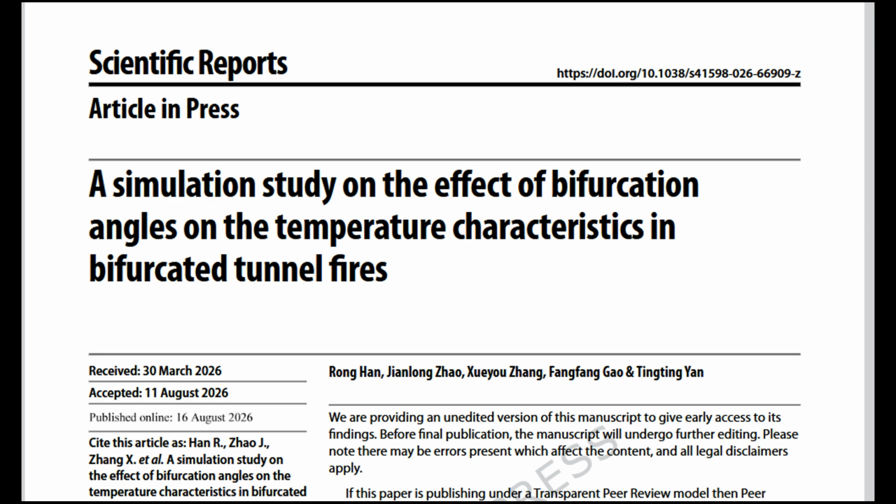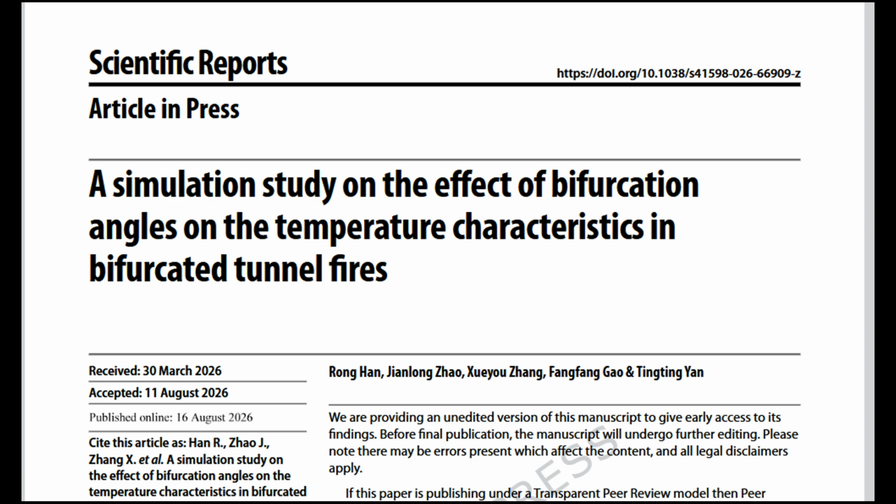The surprising downstream cooling rates. While the peak temperatures were highest at sharp angles, the downstream behavior told a completely different numerical story. The researchers measured how quickly the temperature decayed or dropped off as smoke traveled away from the fire into the main continuation of the tunnel. For the initial rapid drop in temperature immediately after the fire, the decay rate at a gentle 30-degree angle was a high value of 2.24, meaning the heat crashed very quickly.